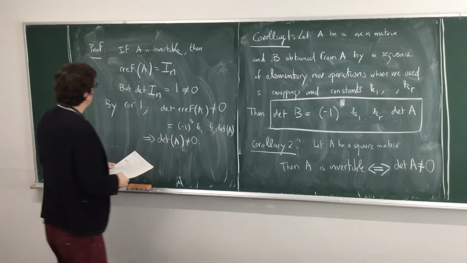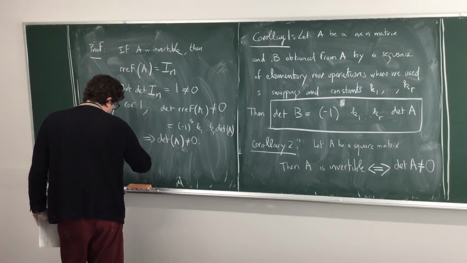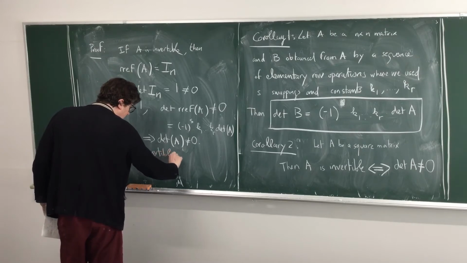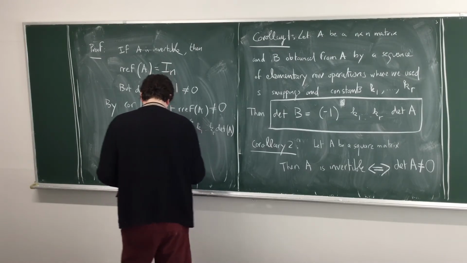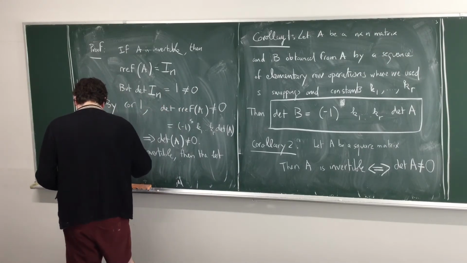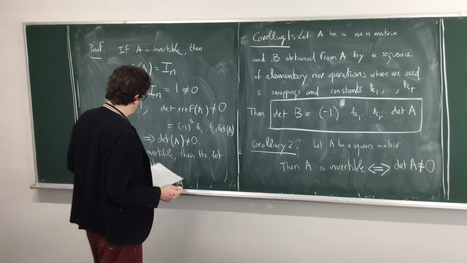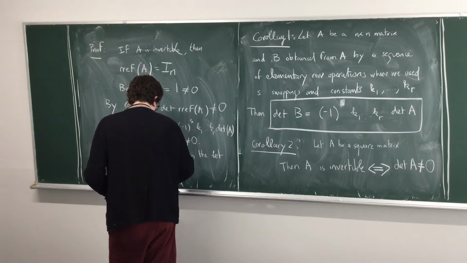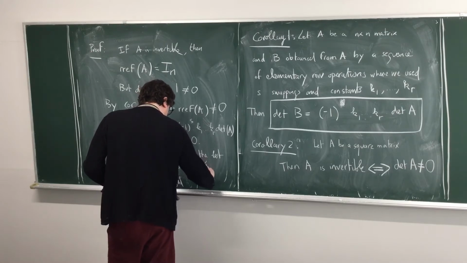Now, second case, if A is not invertible, then the RREF of A cannot be the identity matrix, and necessarily it means that the last row contains only zeros.